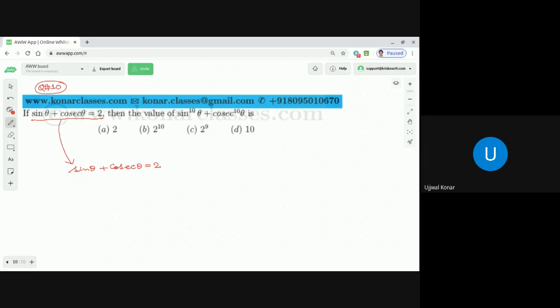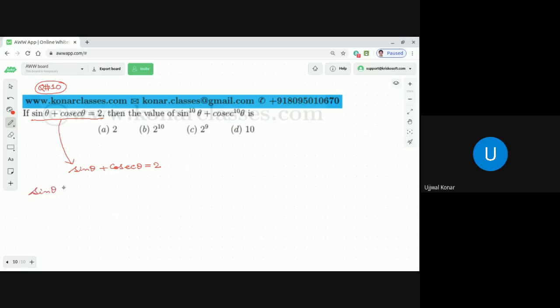We know that sine theta is always less than equal to 1, dear students. If sine theta is less than equal to 1, then cosec theta has to be greater than equal to 1. Correct?